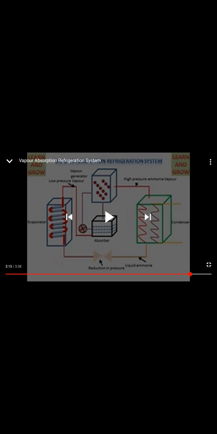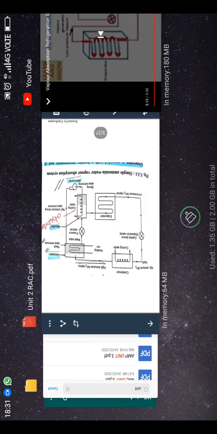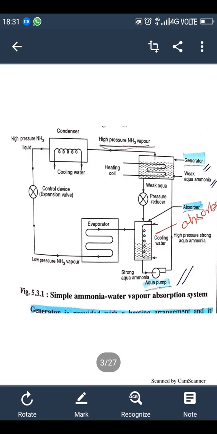Now we are going to see another topic. We are returning to this topic here.